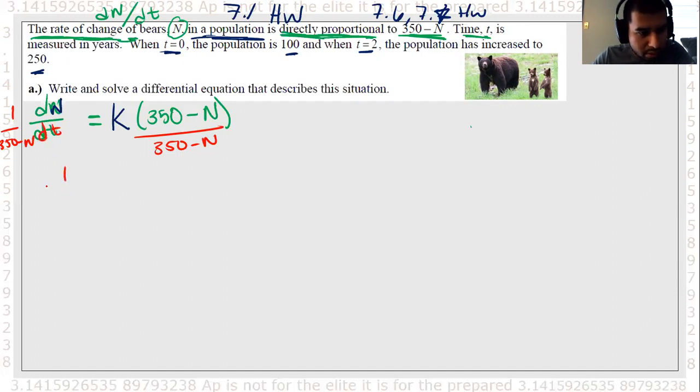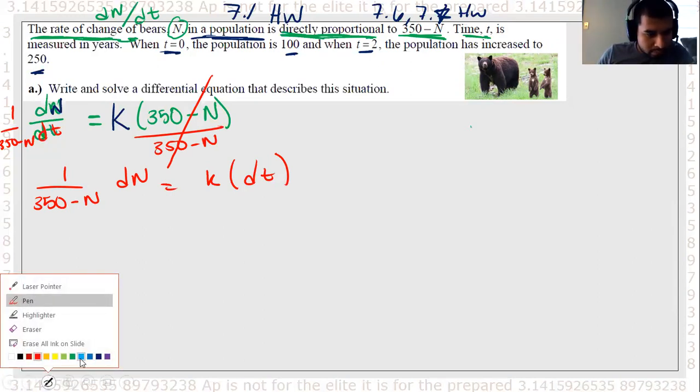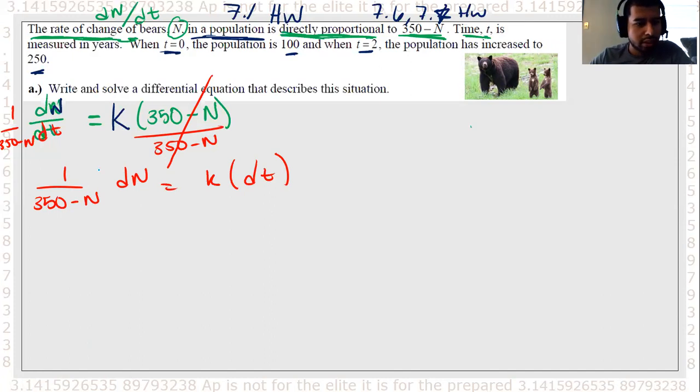So it's going to be 1 over 350 minus n dn equals k dt, since everything else cancelled out. Okay, so I have everything separated.